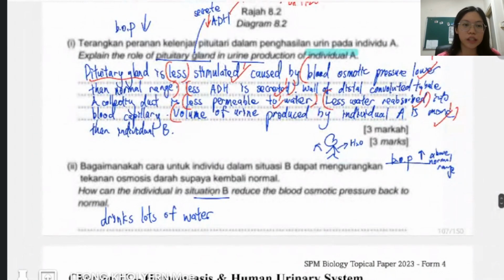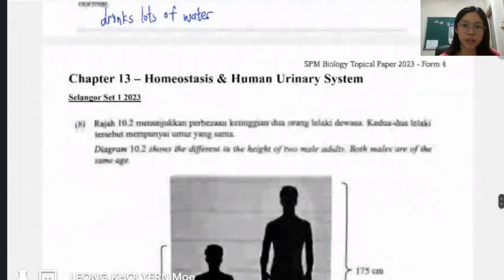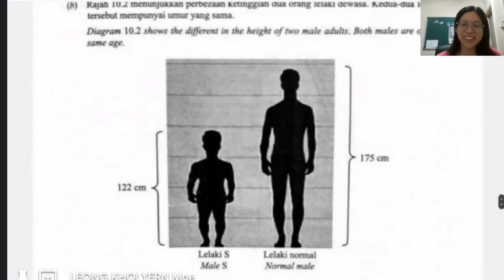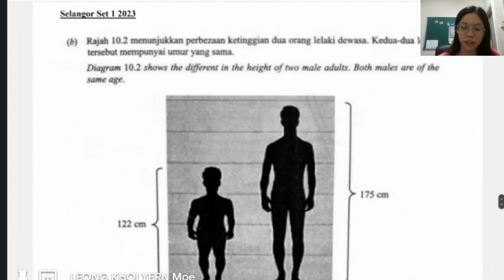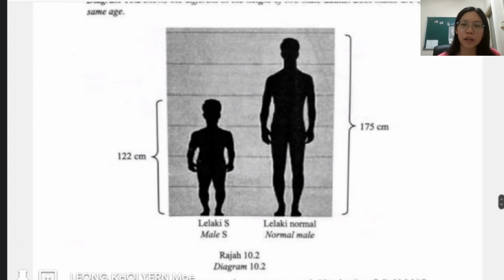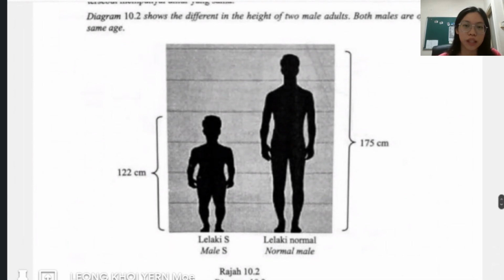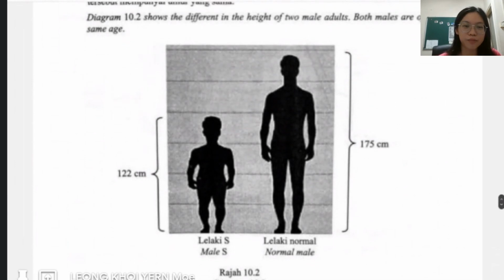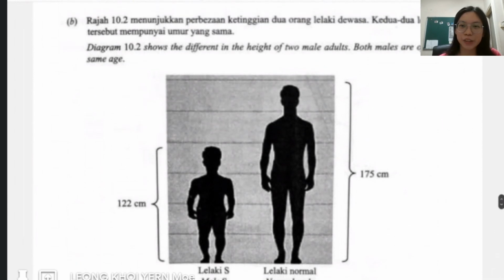Okay, so let's go to this question right here. I think I pasted it in the wrong chapter. This one is actually talking about the health issue related to the human endocrine system, but it's okay, I'll just discuss it also.